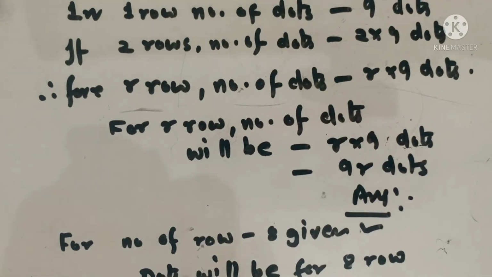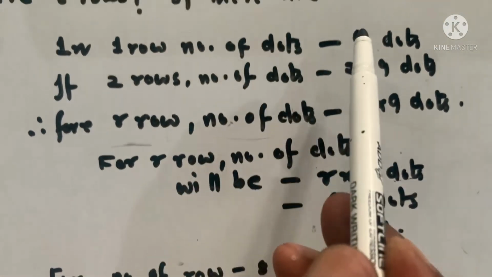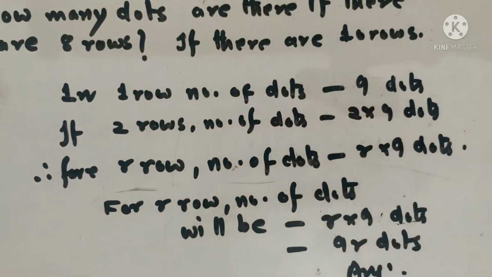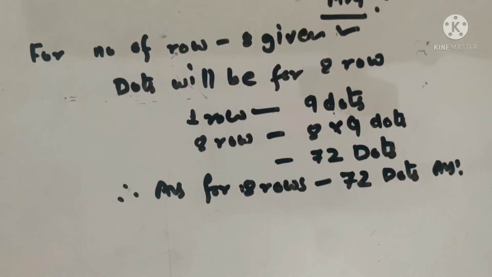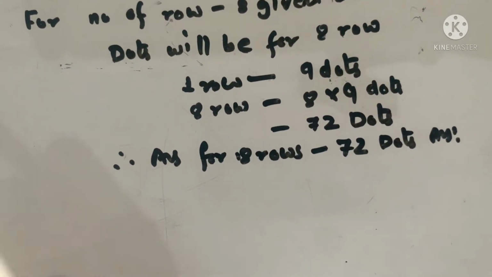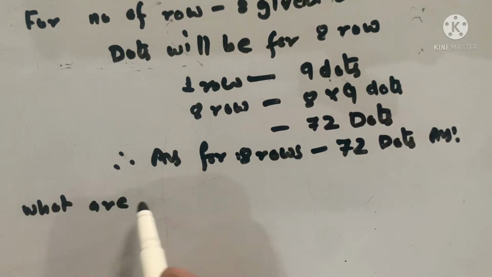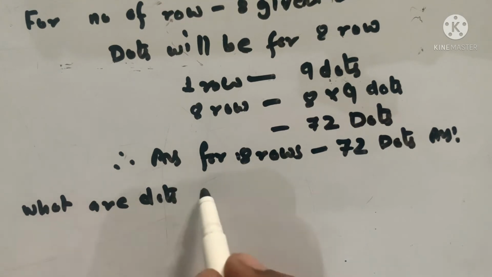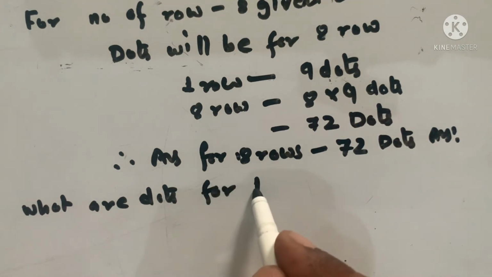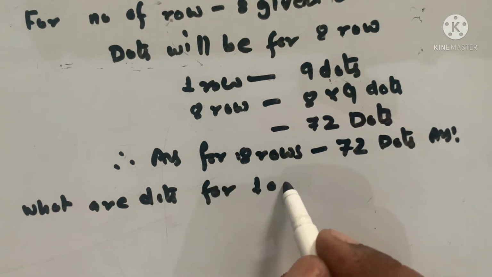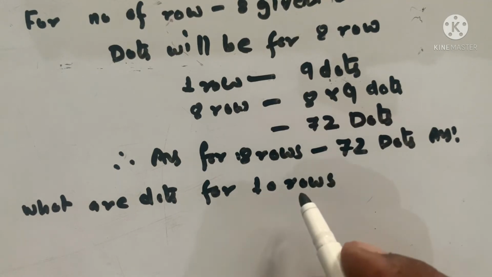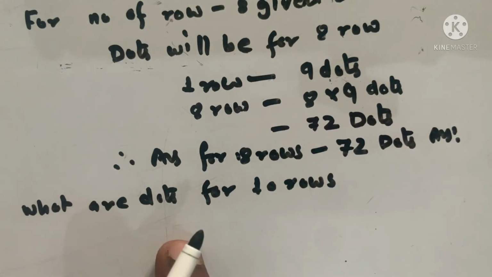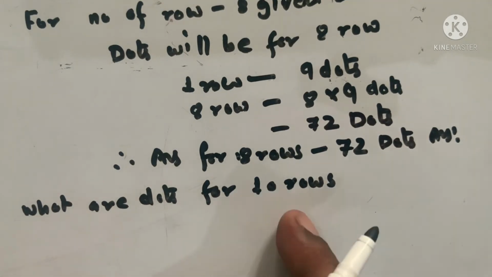Second, it is further asking what the dots are if there are 10 rows. So given 10 rows, we have to calculate the number of dots for 10 rows.